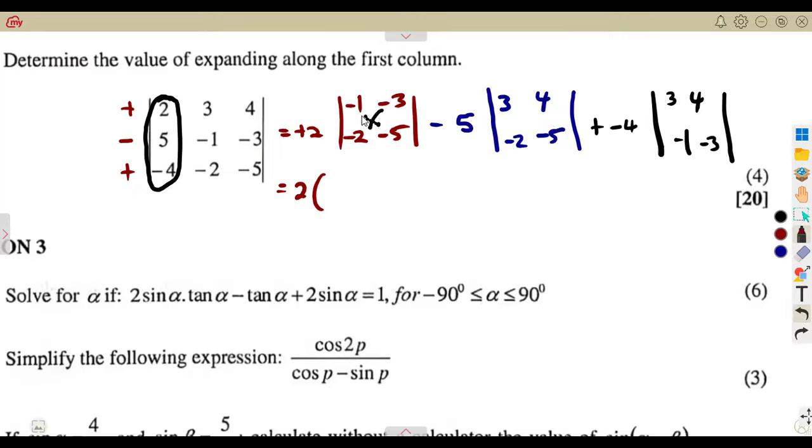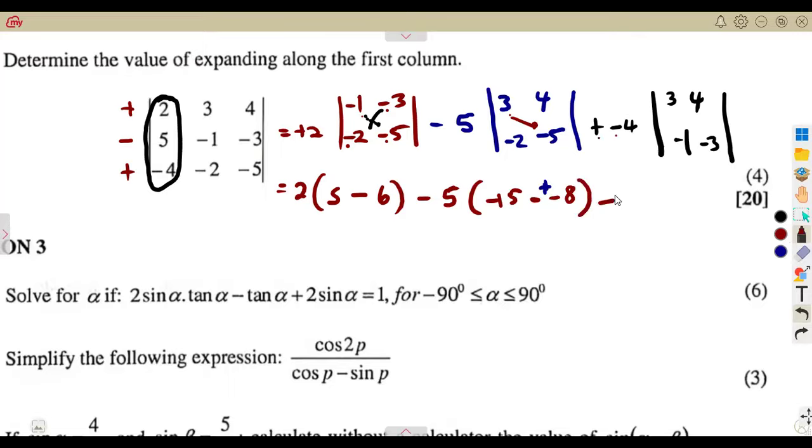So it was going to be -1 times -5, which is 5, minus -3 times -2, which is +6. Then -5 into, you do the same, 3 and -5, that is -15, minus 4 times -2, which is -8. So guys, a minus and a minus will give us what? It will give us a plus there. Then we move on.